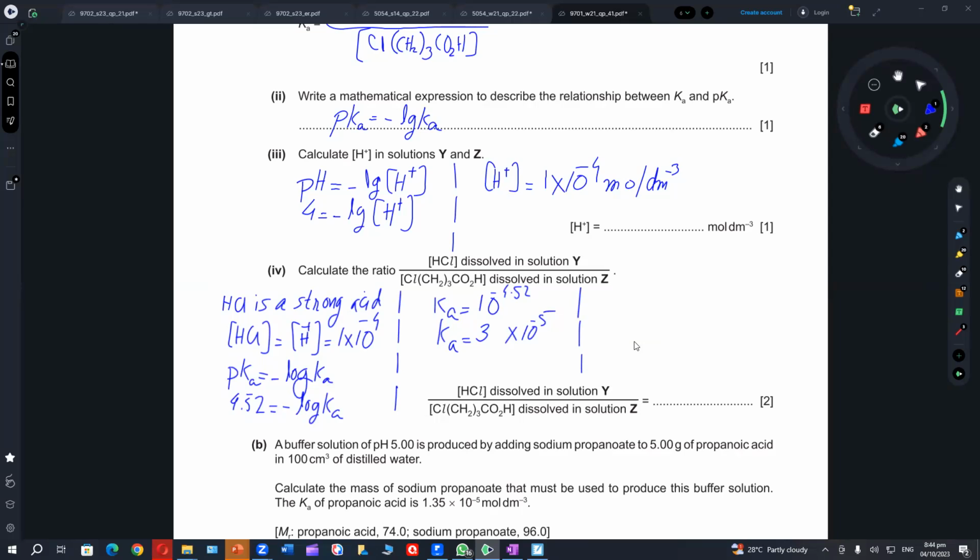Now what should we do? We got the value, how much? 3.01 or only 3? 3.01. I have the value of Ka. Now, any relation between Ka and the acid concentration?